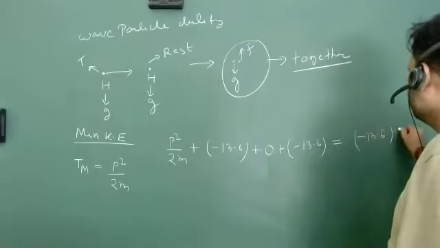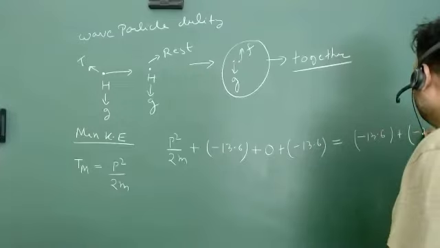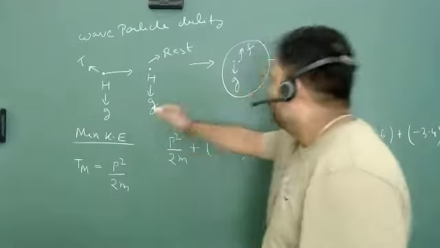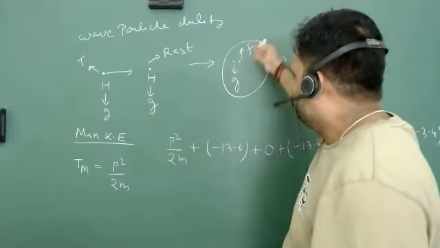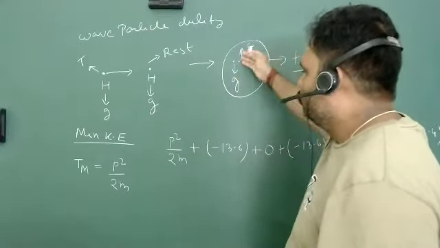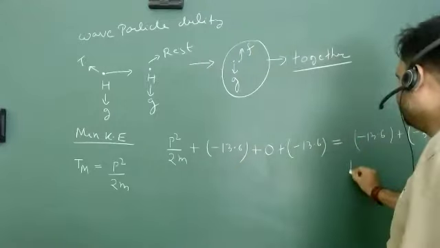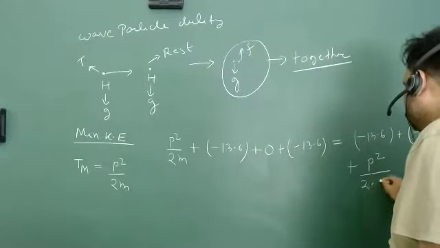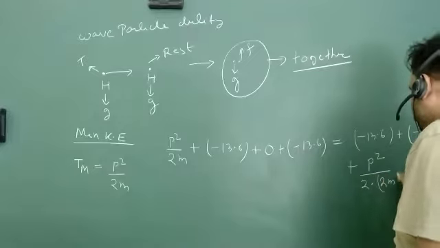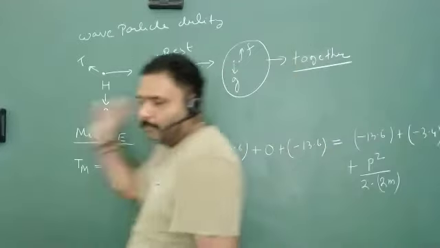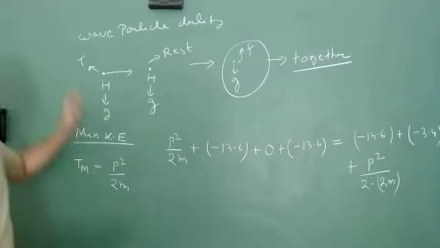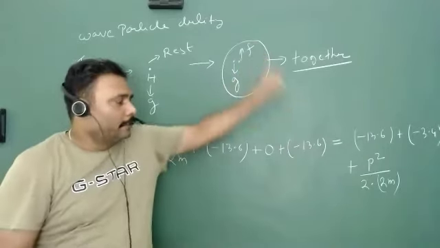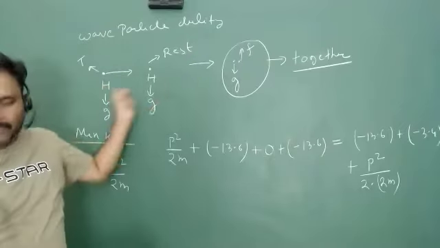The second one is minus 3.4. The initial momentum is equal to the final momentum of both particles, so the kinetic energy will be p squared upon 2 into 2m, because the momentum will be the same. Whatever the momentum here, it will be the same here. But the kinetic energy is going to be different because there is conservation of momentum.